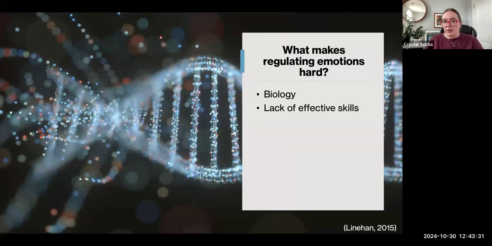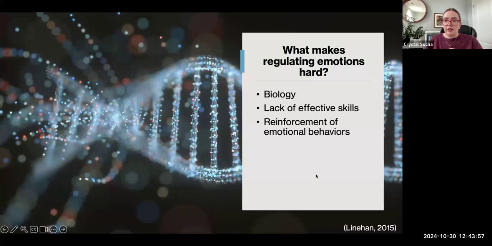How many people that you serve engage in ineffective behaviors, but it's because they don't know anything else. For example, people who might engage in substance use to cope, or people who might engage in impulsive behaviors or self-harm behaviors. It is a skill. It may not be an effective skill in that moment.